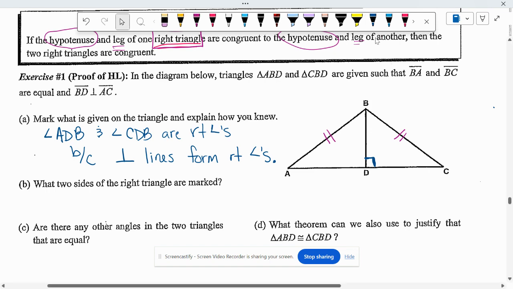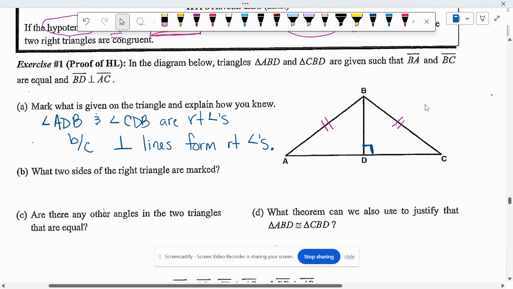What two sides of the right triangle are marked? So if you think of these as being two right triangles, what do we have marked as congruent right now?